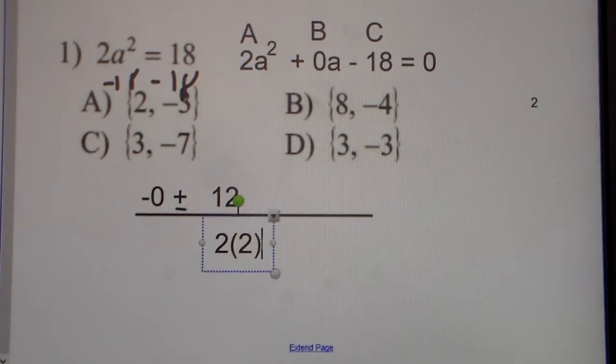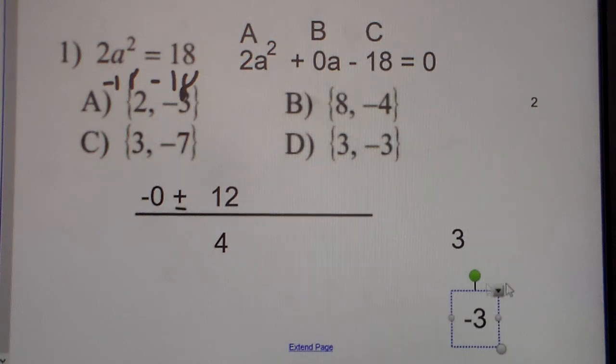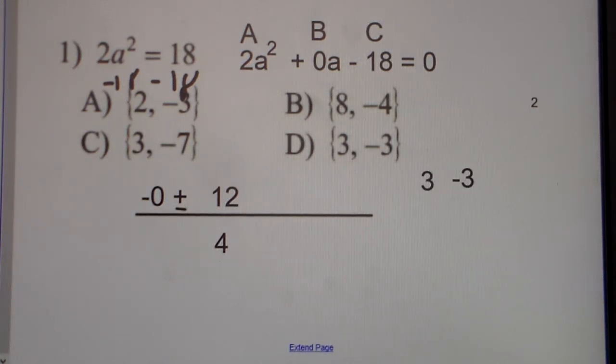And 2 times 2, you know, is 4. So now negative 0 plus 12 divided by 4 is 3. And negative 0 minus 12, aka negative 12, divided by 4 is negative 3. So our two answers are 3 and negative 3, aka D. Let's move on to the next one.